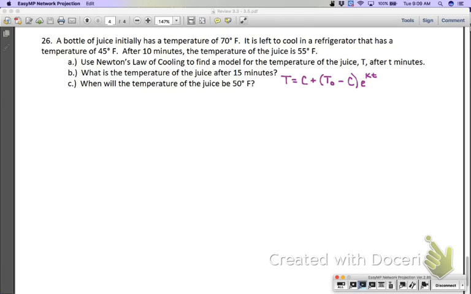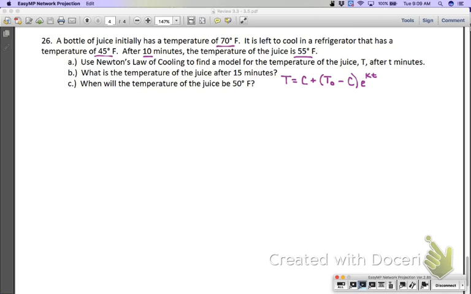So first off, it says that the juice is originally 70 degrees. The refrigerator is 45. After 10 minutes, the juice is 55 degrees. So I've got to find K first, so then I can plug it back in to find my formula.